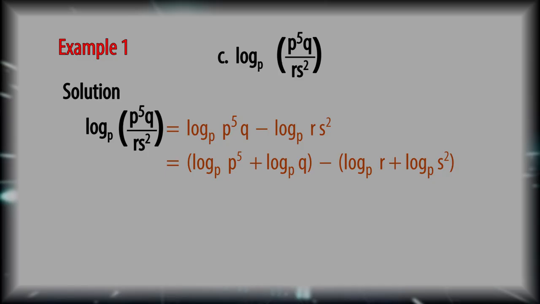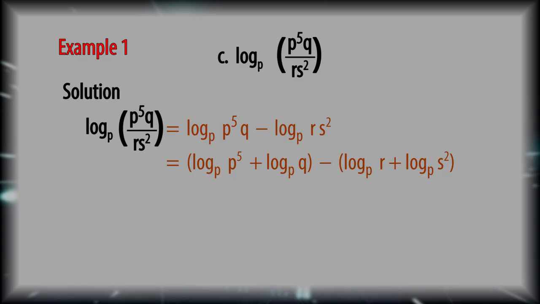So we have log base p of p to the 5th power plus log base p of q, in brackets, minus, in another bracket, log base p of r plus log base p of s squared, also in a second bracket. That is our first rule.